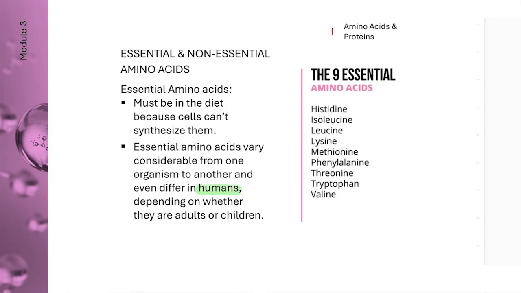So in terms of quality, how much of those essential amino acids are in our diets, we will soon see the important things that we need to keep at the back of our minds. But for now, let's dive into the building blocks. So there are 9 of those essential amino acids.